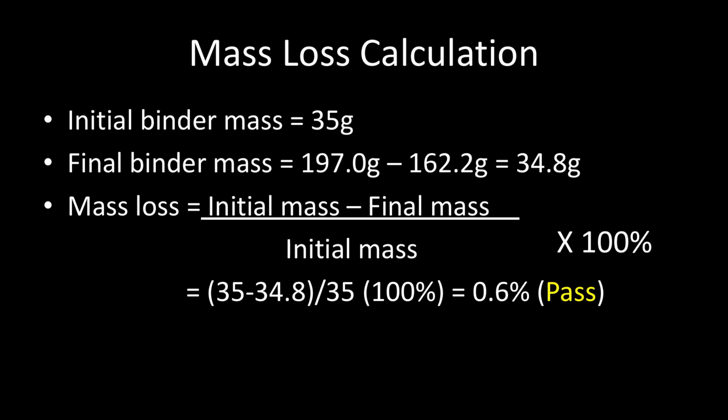Use these values to calculate the percentage of mass loss during aging as shown on the slide. For our example, 0.6% of the binder mass was lost to volatilization during short-term aging. This binder meets the SuperPave specification, which places a maximum limit on mass loss during RTFO aging of 1%.